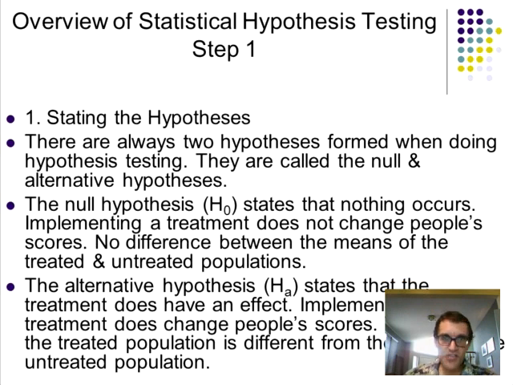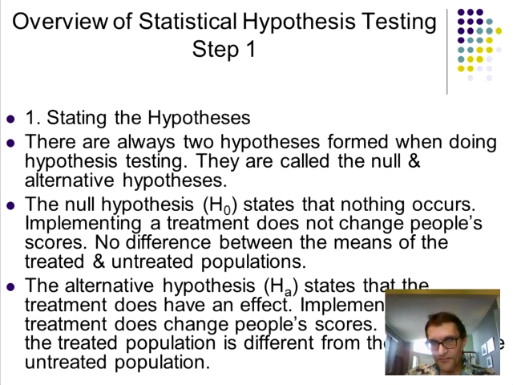Okay, step 1, stating the hypotheses. Number 1, there's always 2 hypotheses, always. They're called the null and the alternative. Okay, the null hypothesis means nothing. You see it's symbolized by H sub 0. That's not an H sub O, that's a 0. 0 meaning nada, nothing. Okay, so the null hypothesis says nothing occurs, or in line with what we've been talking about, if you give students this new SAT class, it makes no difference.